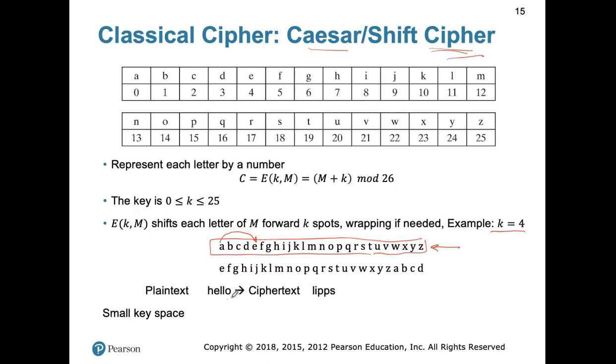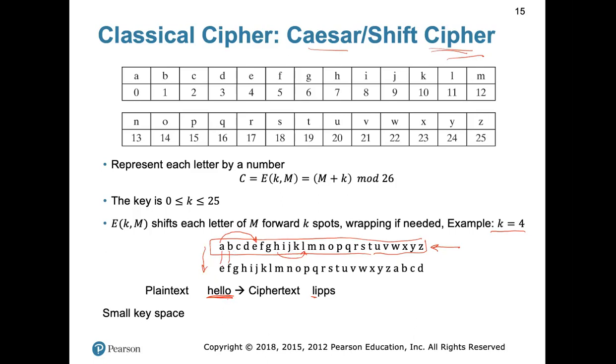So here is the example. The plain text is hello, and we are going to encrypt hello. H is here, 4 letters after H is 1, 2, 3, 4, so H is going to be mapped to L. Instead of H, I put L. This list basically shows the encryption one by one: A should be mapped to E, B should be mapped to F, and so on.